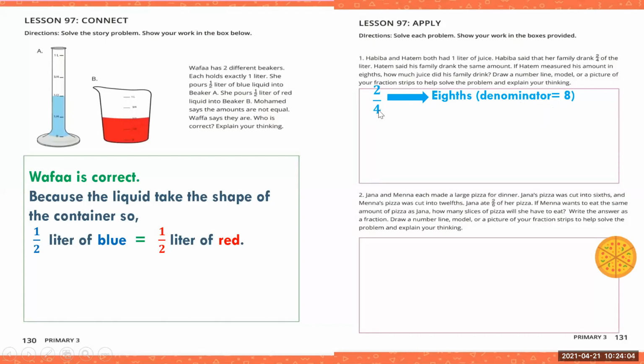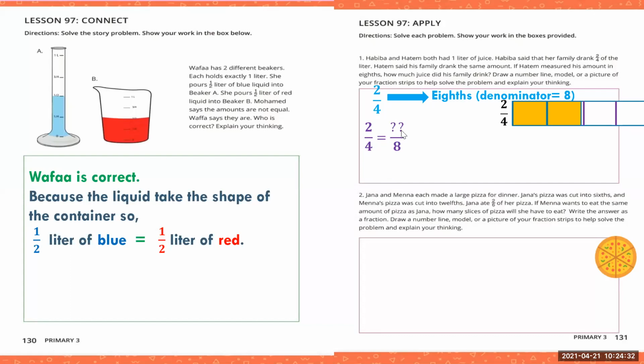We want to find the equivalent for this fraction, but the denominator is 8. Look here, 2/4 will be like this. And I want to make 2/4 equals 2 something, I don't know, over 8.